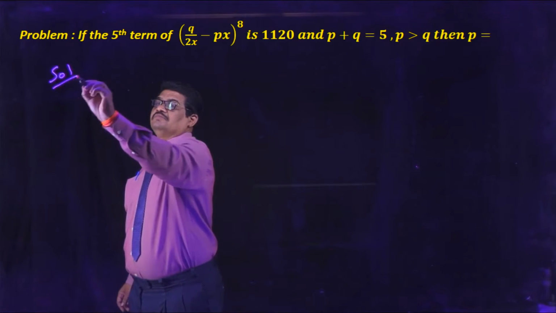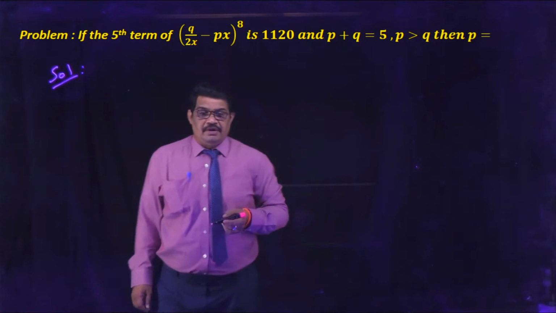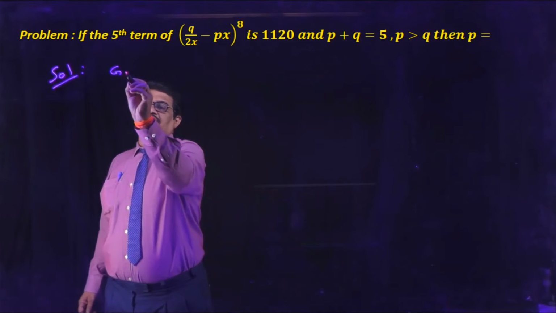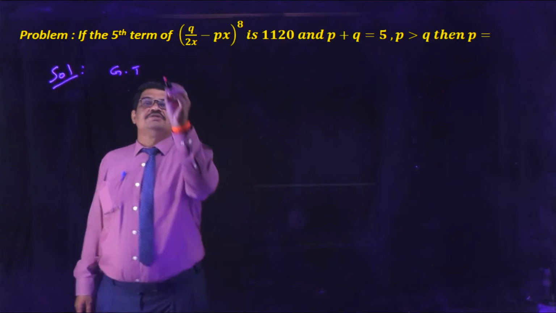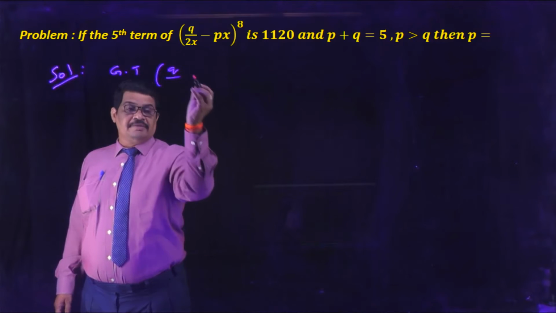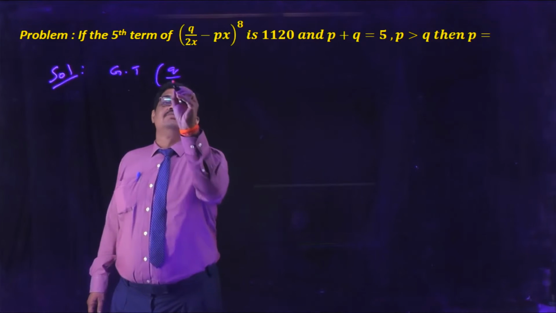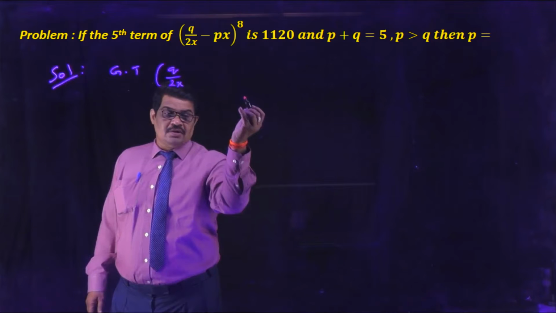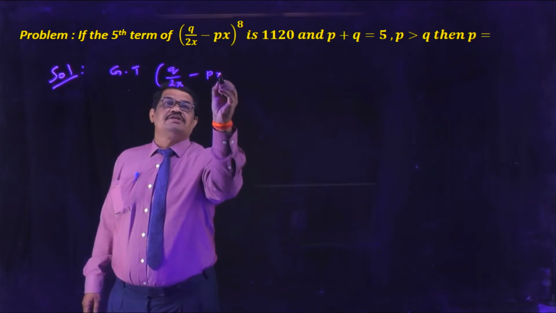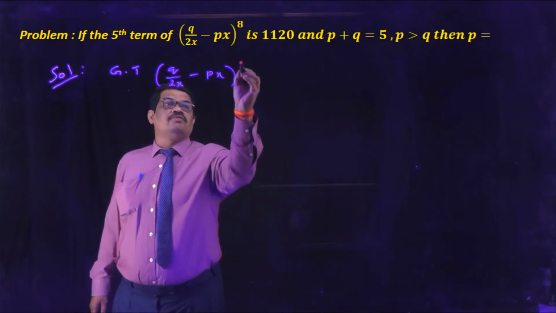What is the given expression? Given that the expression is (q/2x - px) to the power of 8.